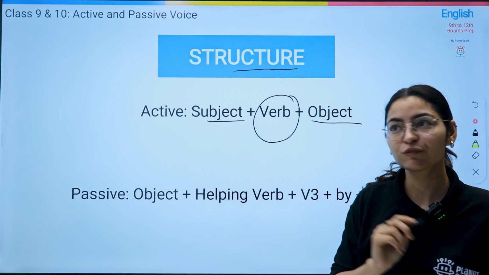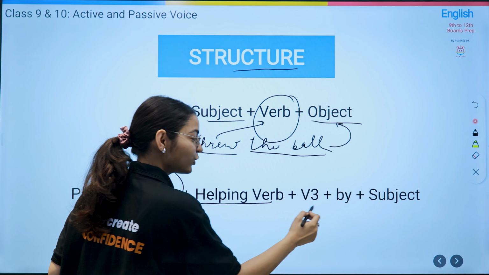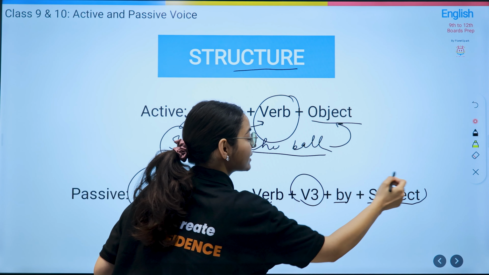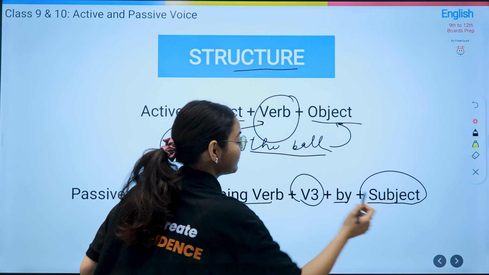Now, I is the subject here, threw is the verb, and the ball is the object in the sentence. In passive voice, the structure reverses. The object comes first, followed by the helping verb, the third form of verb, then you use by, and the subject in the end. For example, let's change this sentence itself.